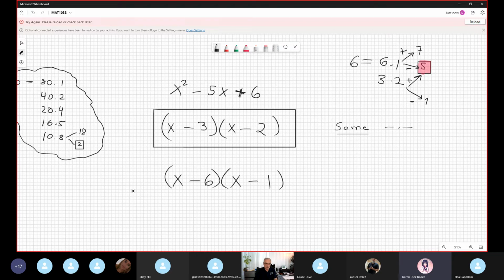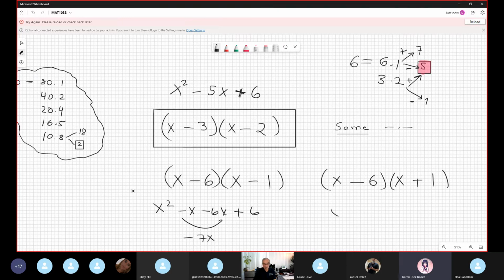Look, suppose this. I multiply it: x squared minus x minus 6x plus 6. And when you combine here, it's minus 7x, not 5. You say, well, okay, professor, but no, I don't agree with you. I put 6 and 1, but maybe I put minus here, plus here. So maybe it works. Okay, let's do it.